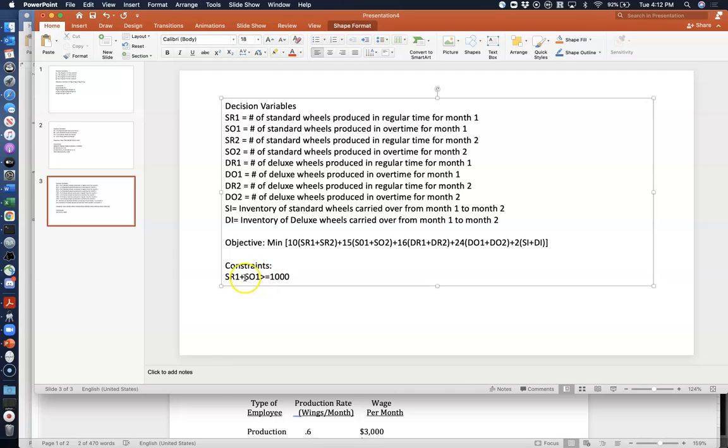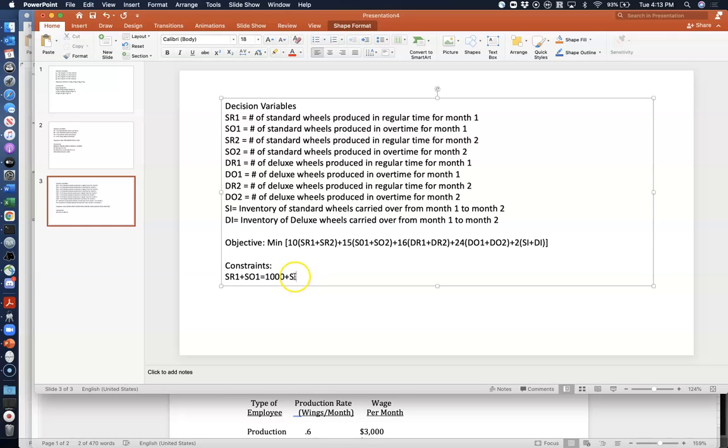So we're going to say that SR1 plus SO1, this is the total number of standard wheels that are manufactured in the first month, whether they're made in regular time or in overtime, this has to be equal to 1000, which is the demand for number of wheels in the first month, plus anything else. So anything over 1000 is carried over as inventory of standard wheels.